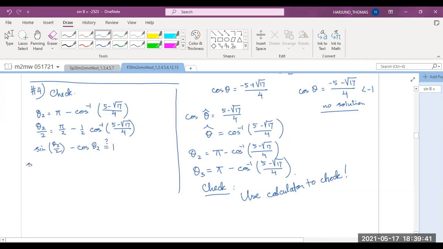So this is actually sine of pi over 2 minus 1/2 cosine inverse of (5 minus radical 17) over 4, minus cosine of pi minus cosine inverse of (5 minus radical 17) over 4. Does it equal 1?